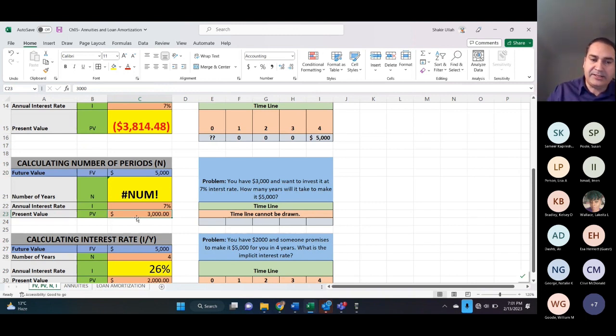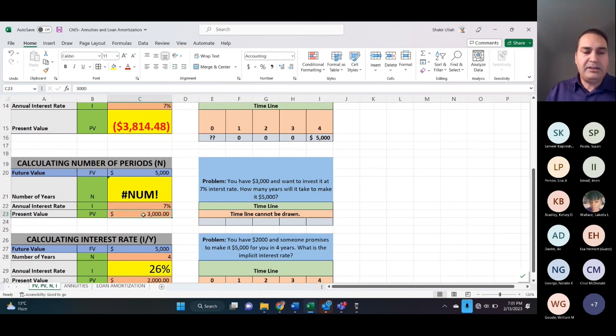And Excel does not understand that. It does not understand my logic here in this case. How on earth is it possible that you receive 3,000 today and you will also be receiving 5,000 in the future? That's not possible. You either receive it today and pay it in the future, or pay it today and receive it in the future. So one of these numbers must be negative in order to get the correct answer.